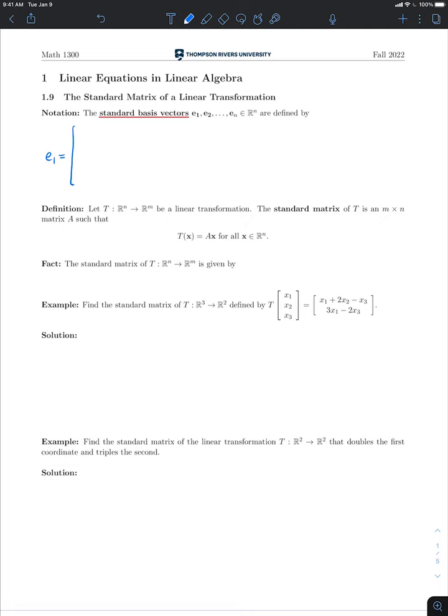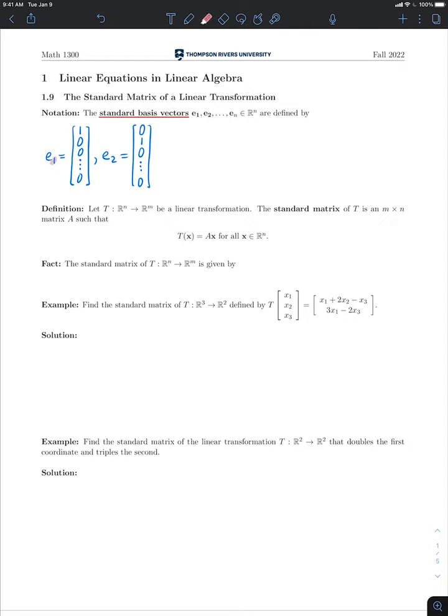e1 has a 1 in the very first coordinate and zeros elsewhere. So I'm going to say 0, 0, dot, dot, dot, 0 to indicate the rest of the coordinates are 0. The second standard basis vector, e2, has a 1 in its second coordinate and zeros everywhere else. So you see the idea. The index tells you where to put the 1, and all other coordinates are 0.